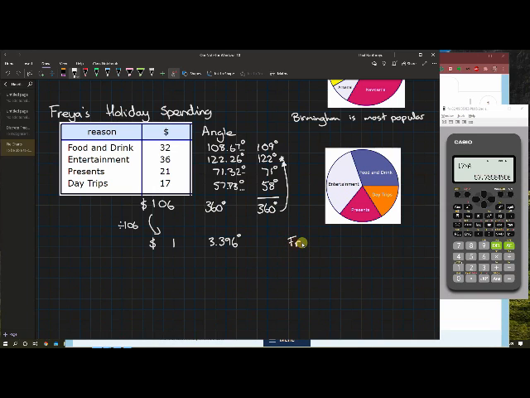So Freya spent more, or even most, because I can say most because these two together make more than half. That's the condition for her most. So Freya spent most on entertainment and food and drink.